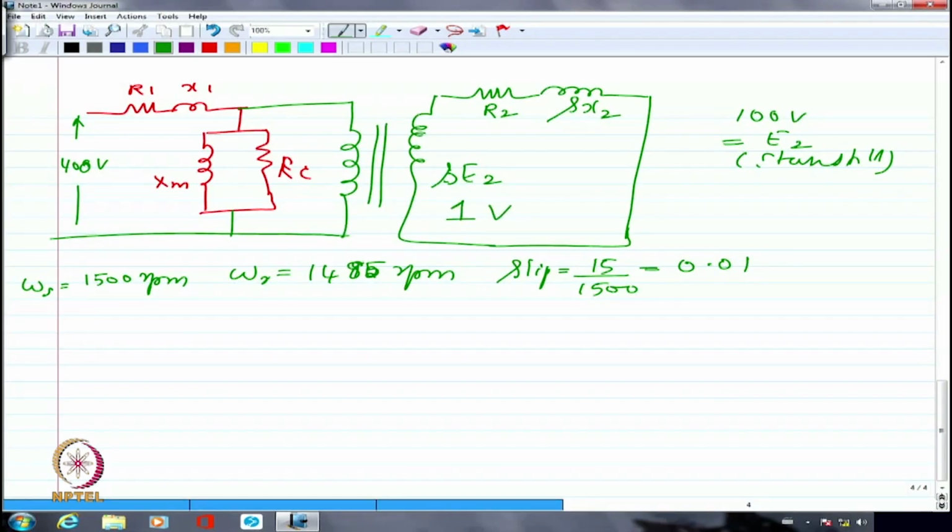It's a very, very small induced EMF that I am going to get. So this will become 1 volt. And 1 volt with whatever is the resistance and leakage reactance has decreased, I agree. The current is going to be definitely very, very minimal compared to what I got during starting. That's what you would see when you start an induction motor. When you start, you will see the ammeter shooting up. The current will really go up, and as it gains speed, slowly you would see that the ammeter pointer falls, and it comes to a minimum.